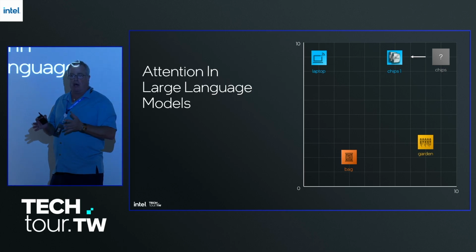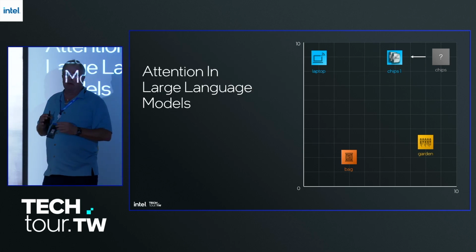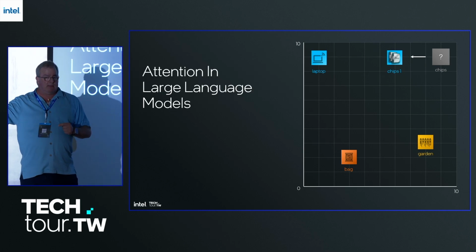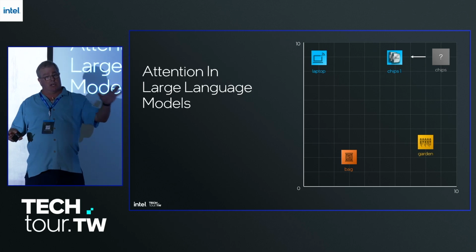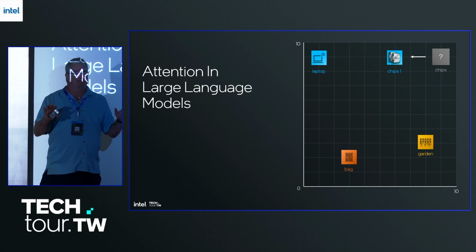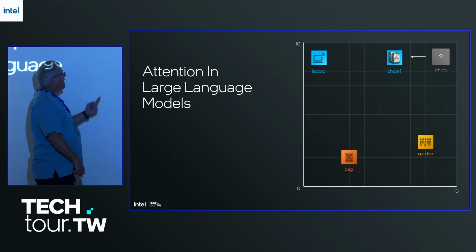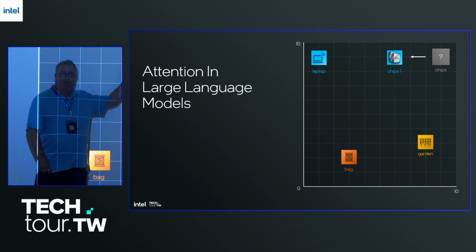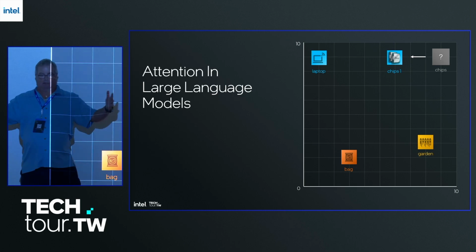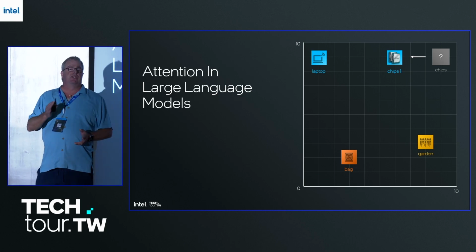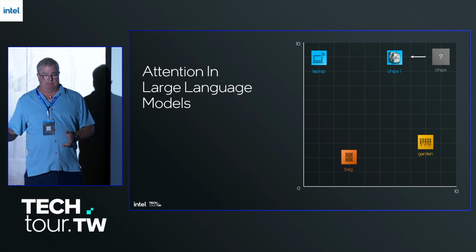Because I saw laptop in a sentence, I now know that my true meaning is not just what chips means. My true meaning is like chips in a laptop. So the way this vector space works is you literally add a little bit of laptop to the chips vector, and you get a new vector. And that vector now contains the context that differentiates that chip from every other chip.